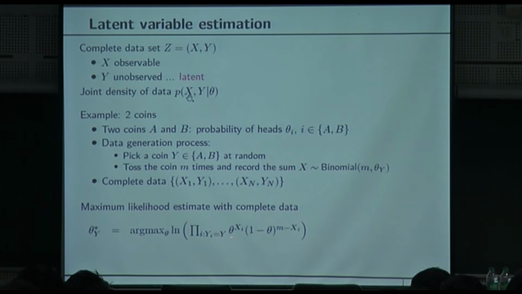Now this is the maximum likelihood estimate with the complete data. So you want to take the argmax of log of the product over i where yi is equal to y.